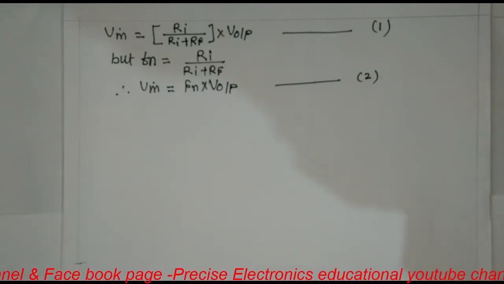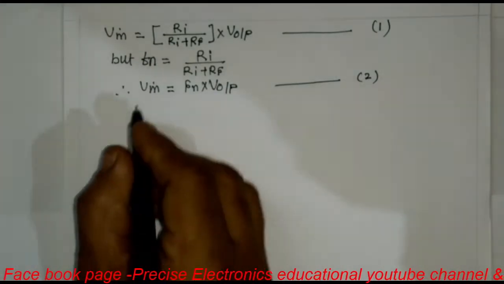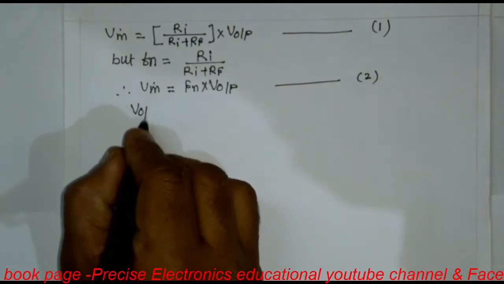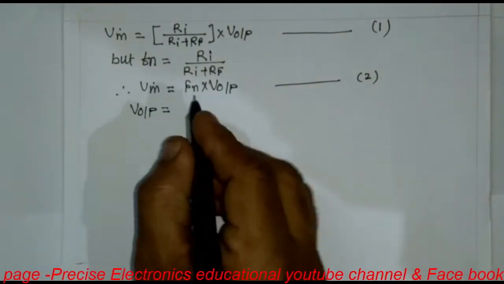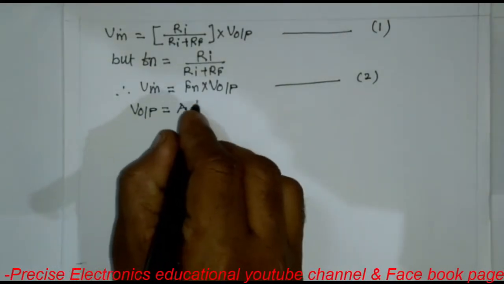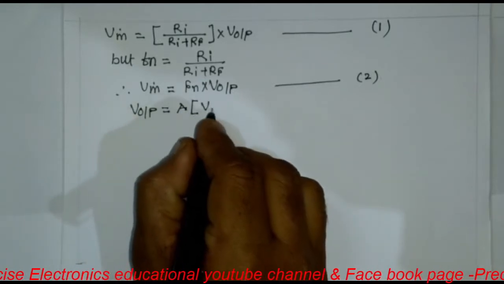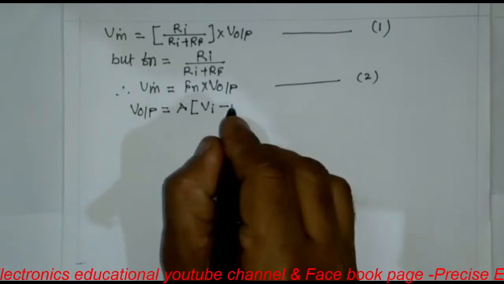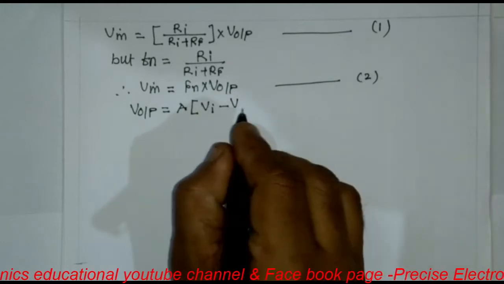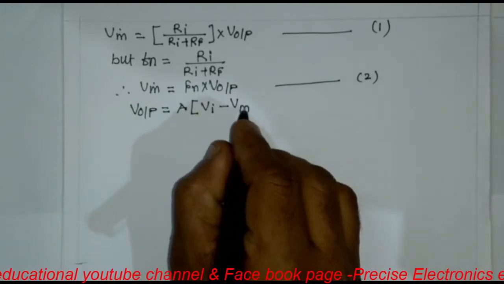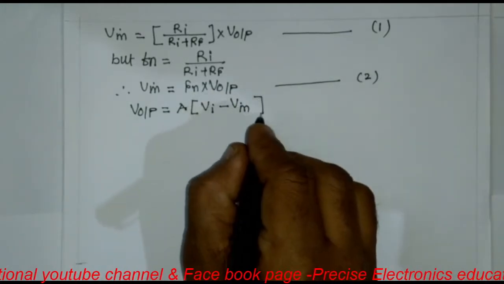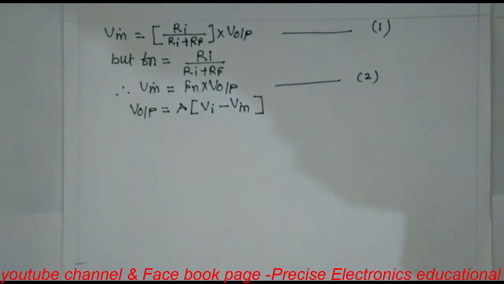Friends, we know the output voltage of the op-amp, V output, is equal to A, that is the gain, into (Vi minus Vin). What is the output voltage?